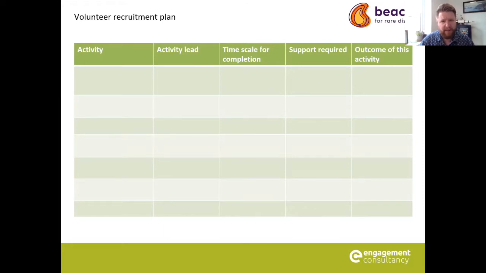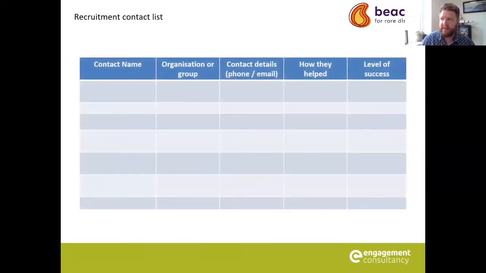And as Hannah mentioned, if you have a volunteer who can take on some of these activities, you can give them that recruitment plan, and then they can learn and adapt and add to it. And linked to that then is a contact list. Again, it might sound really basic and very simple, but this stuff does work.